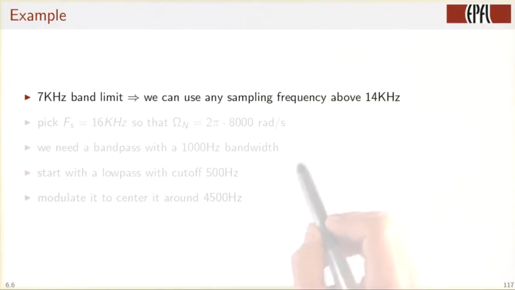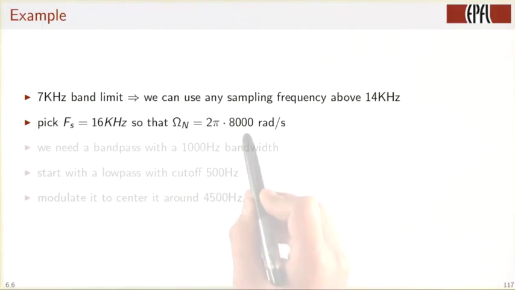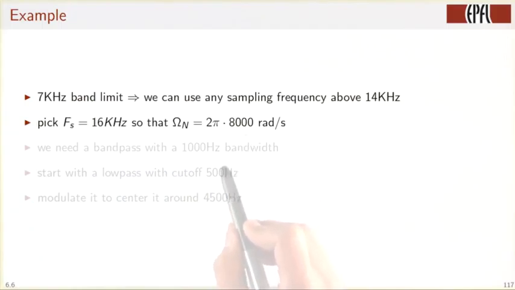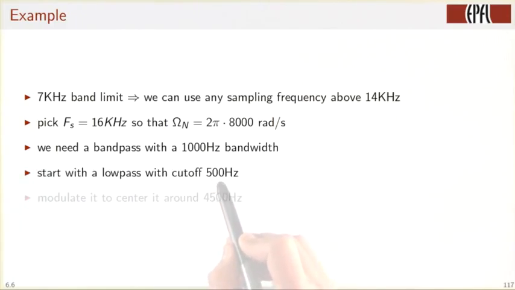For simplicity, let's pick the sampling frequency of 16 kHz, or ω_N is 2π times 8000 radians per second. We need a bandpass of 1000 Hz bandwidth. And to do this, we're going to start with a low pass of cutoff 500 Hz, so it will live between minus 500 and plus 500. Then we'll modulate it to 4,500 Hz, and it will have a bandwidth of 1000 Hz centered at 4,500.